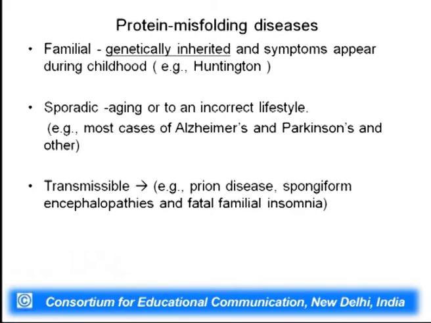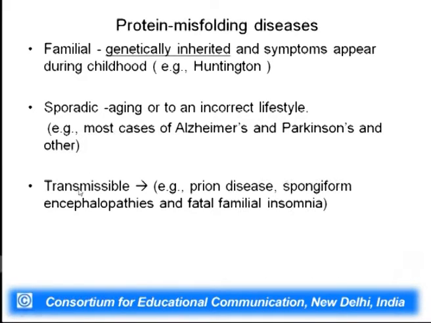Then there are sporadic diseases, which may occur without any genetic cause at all. There can be environmental causes due to pesticides, and heavy metals are implicated in the cases of Alzheimer's and Parkinson's. So, due to some aging related stress accumulation, incorrect lifestyle and chemicals in the environment, there can be sporadic emergence of protein misfolding diseases.